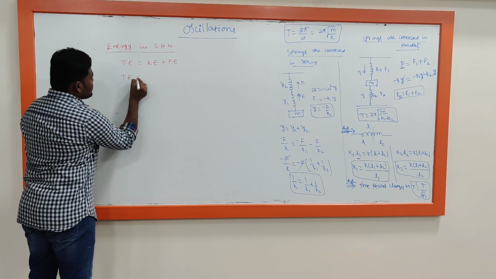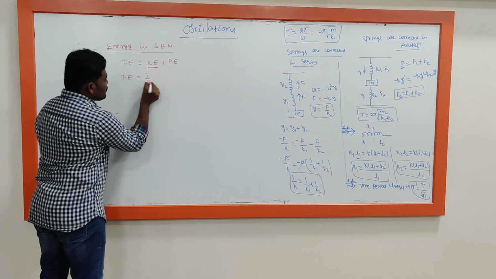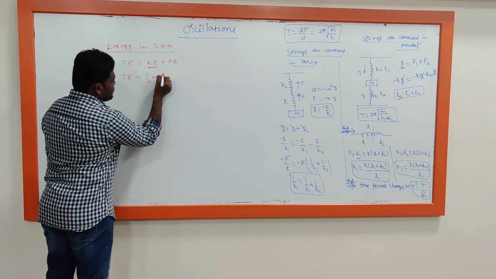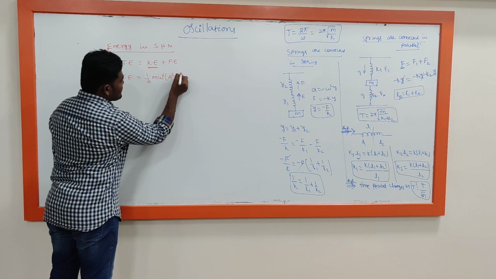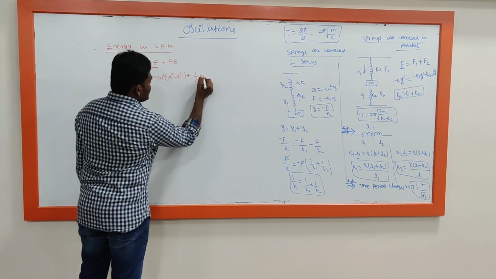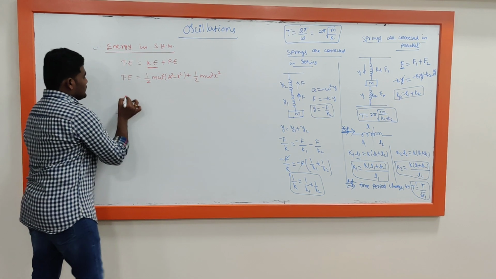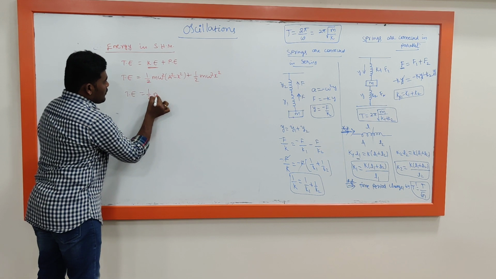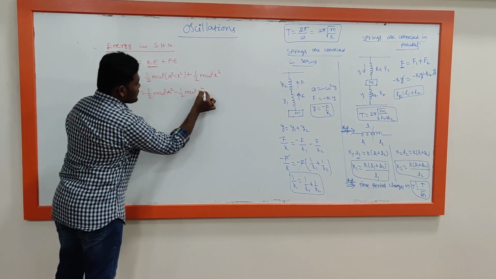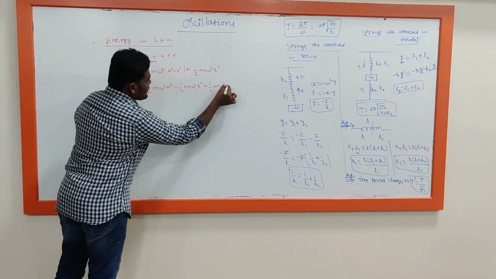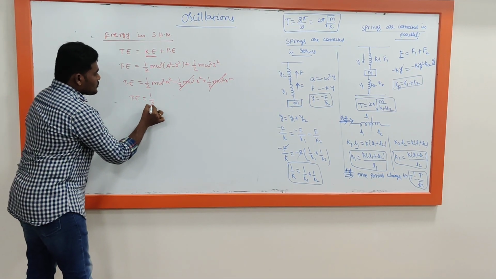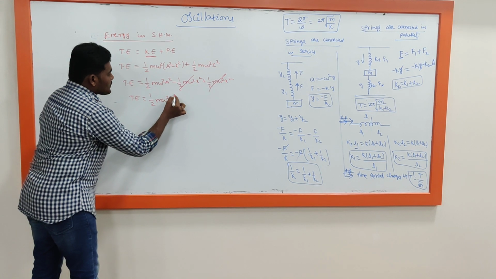Kinetic energy is half into m into v square, which is half m omega square into a square minus x square, plus potential energy half m omega square into x square. So half m omega square a square minus half m omega square x square plus half m omega square x square, the plus and minus both get cancelled. Then total energy is equal to half m omega square a square.